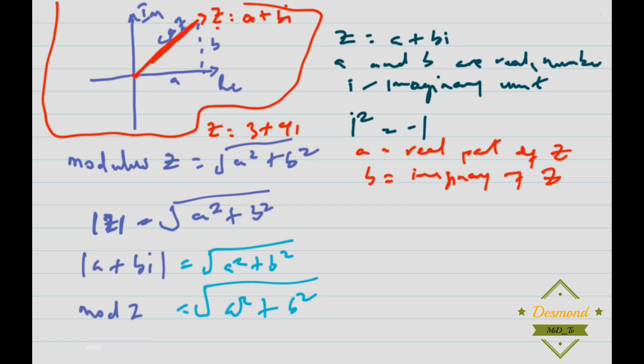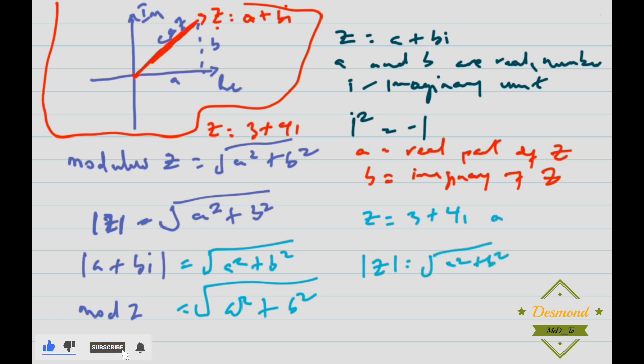So let's take an example. Let's say we have a complex number z equals 3 plus 4i. Let's find the modulus of this complex number. We simply put the modulus of the complex number is equal to the square root of a squared plus b squared, where a is 3 and b is 4.